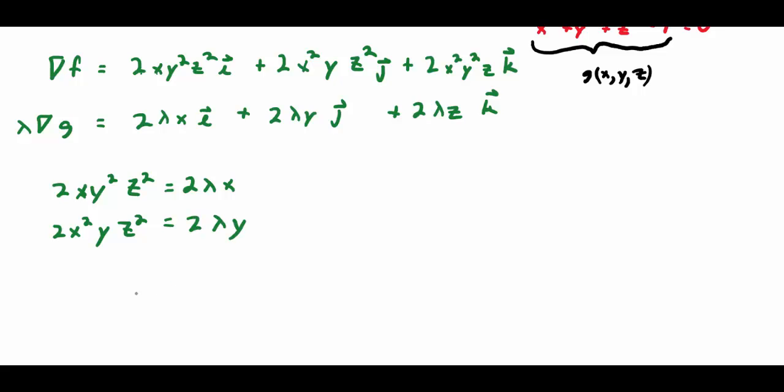There you go. And then what's the final equation? 2x squared y squared z equals 2 lambda z. Yes.